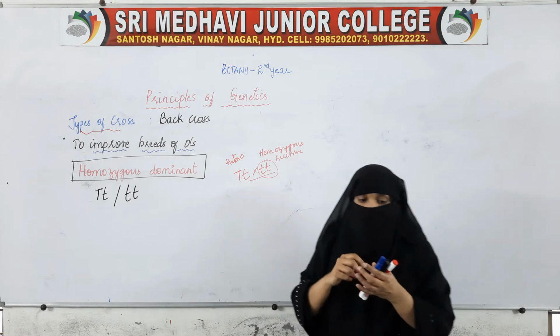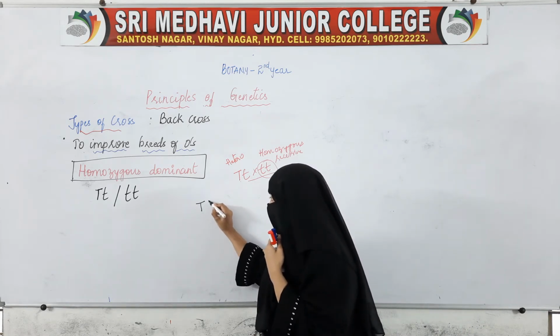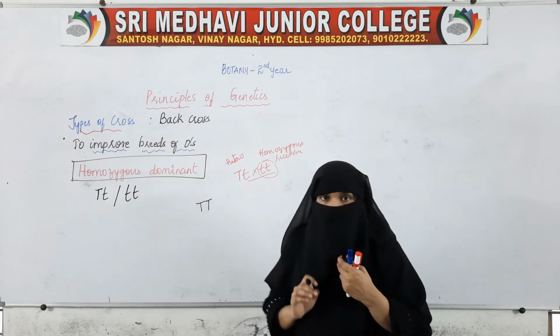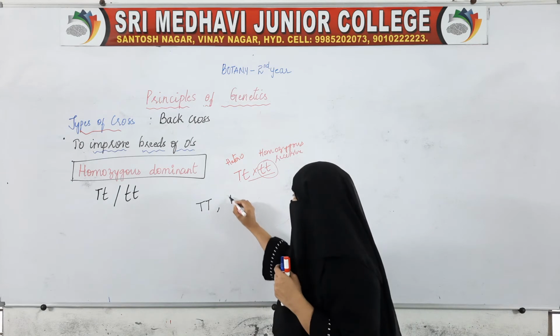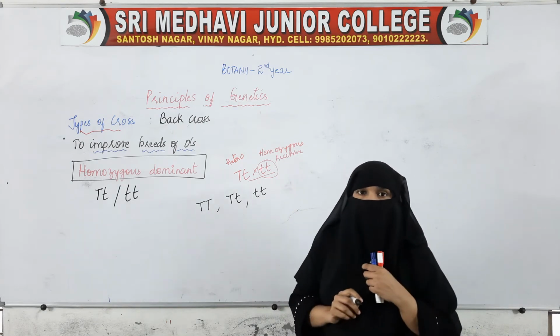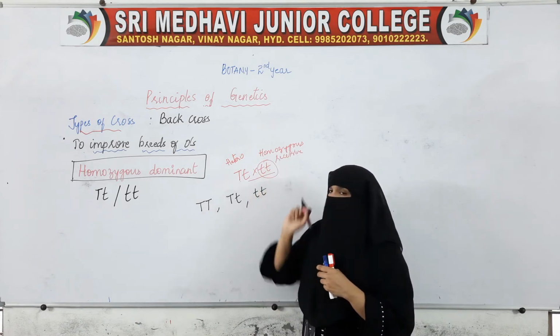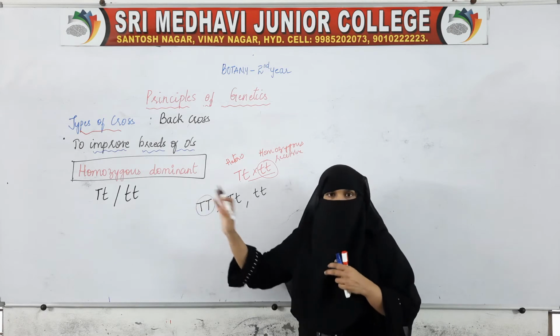For example, if a plant is having capital T, it can have three genotypes: capital T capital T, capital T small t, and small t small t. We don't want recessive characters. So if we cross it with this now, we get all the dominant characters, and there is no recessive.